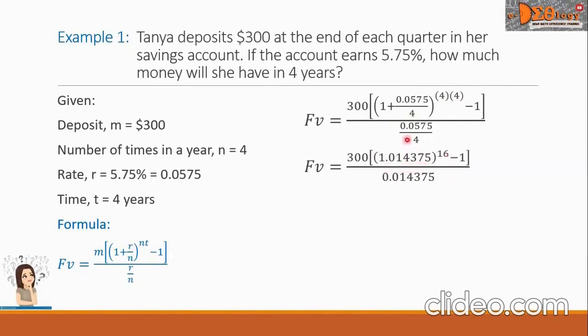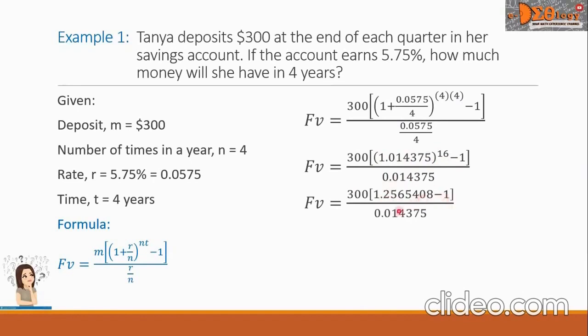Using our calculator, we can simplify this expression. So it means this decimal we will raise to 16. So we will have this 1.2565408. Then this will be subtracted by 1.